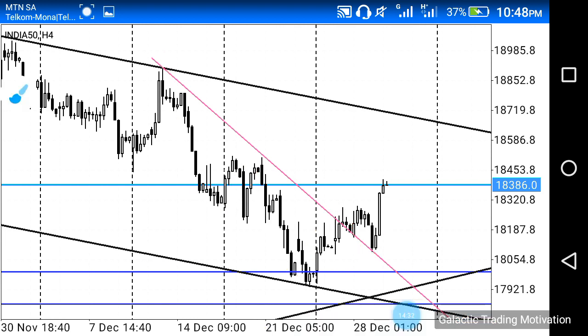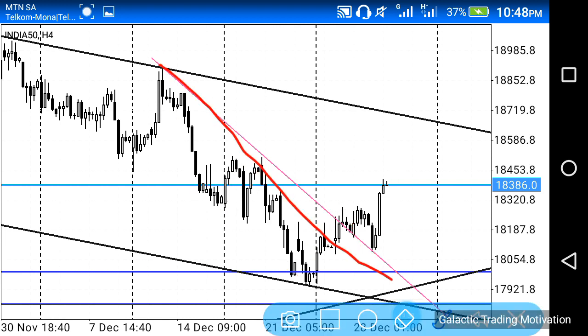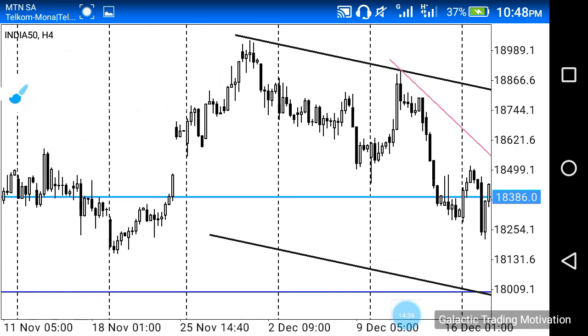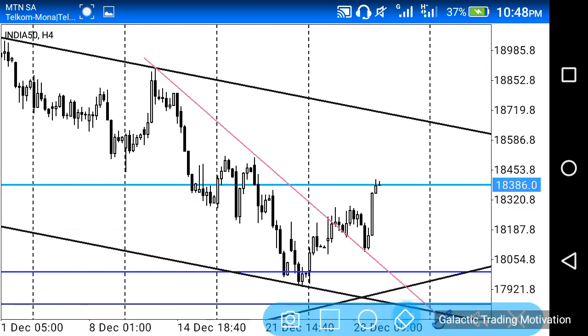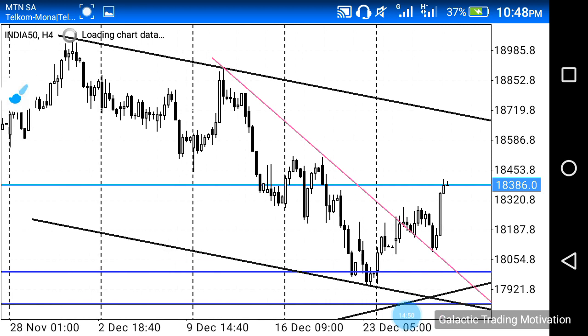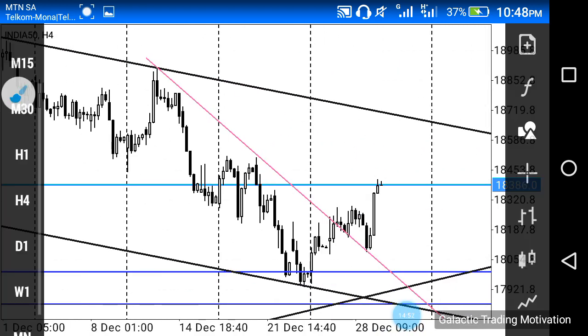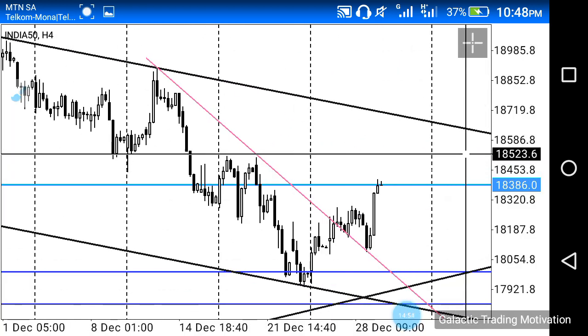And to add to that, we can see that this inner trend line over here has been broken to the upside, right? So what is likely to happen is that we might potentially see the market push further up to around this level over here.